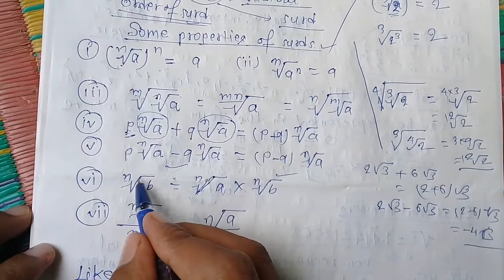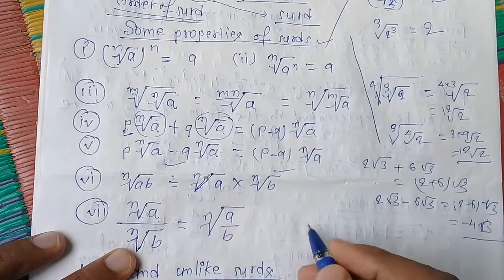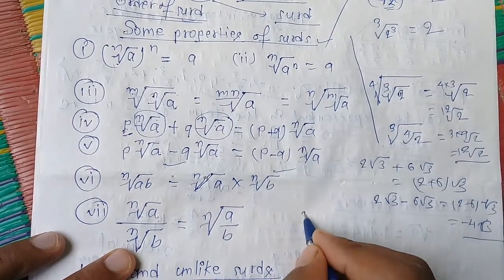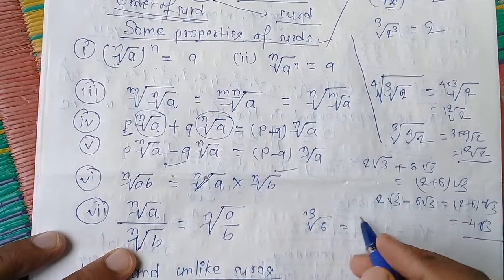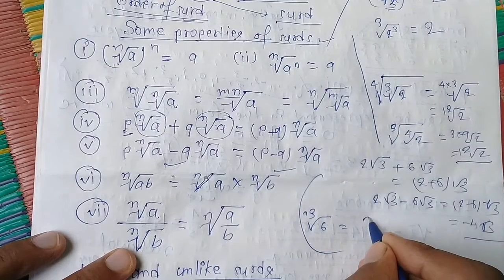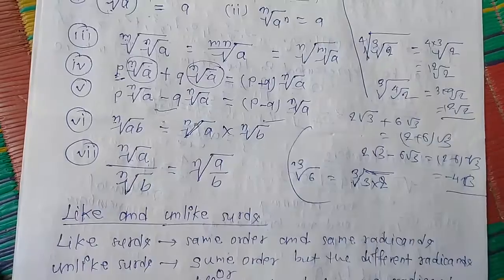Again, what will happen here? Let the third root of 6 be written as the third root of 3 into 2.